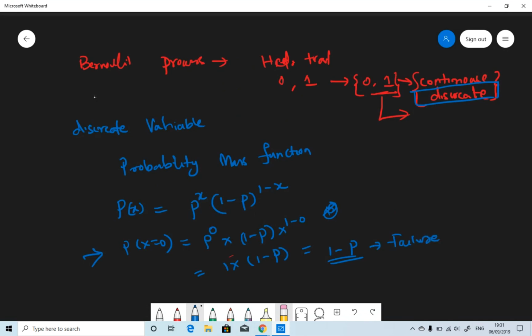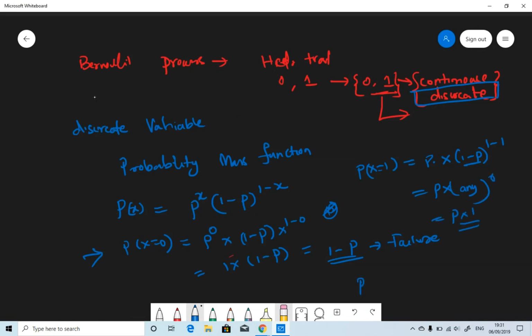Failure. If it is P of x equal to 1, so p power 1 into 1 minus p whole power 1 minus 1. Anything power 0 will be 1.